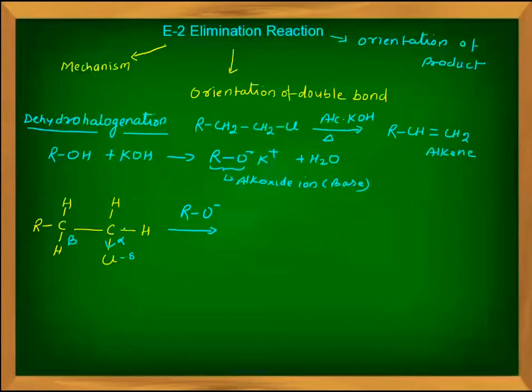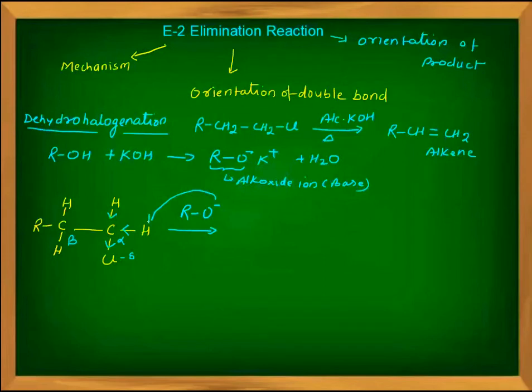If the electron density around the alpha carbon decreases, this alpha carbon takes the electron from the alpha hydrogen. So these alpha hydrogens become slightly acidic. That is why there is a possibility that the base abstracts the alpha hydrogen.